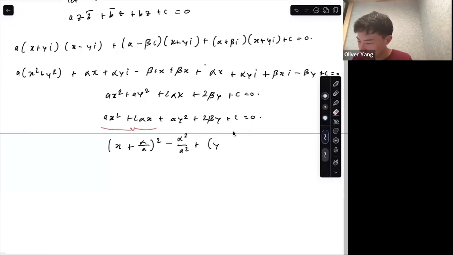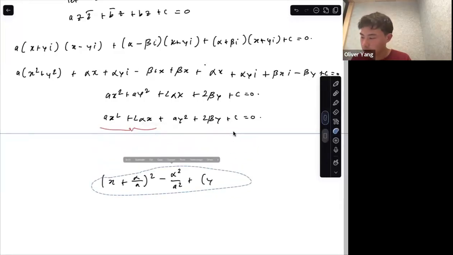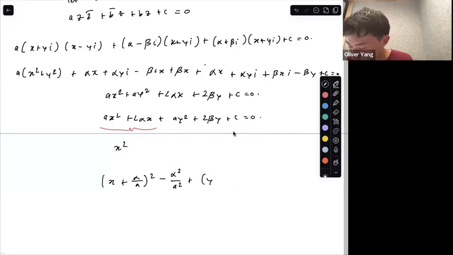I should have done that step first, actually. I don't know if I confused everyone, so I've just divided through by a. So this would be x squared plus 2 alpha x over a plus y squared plus 2 beta y over a plus c over a equals 0.